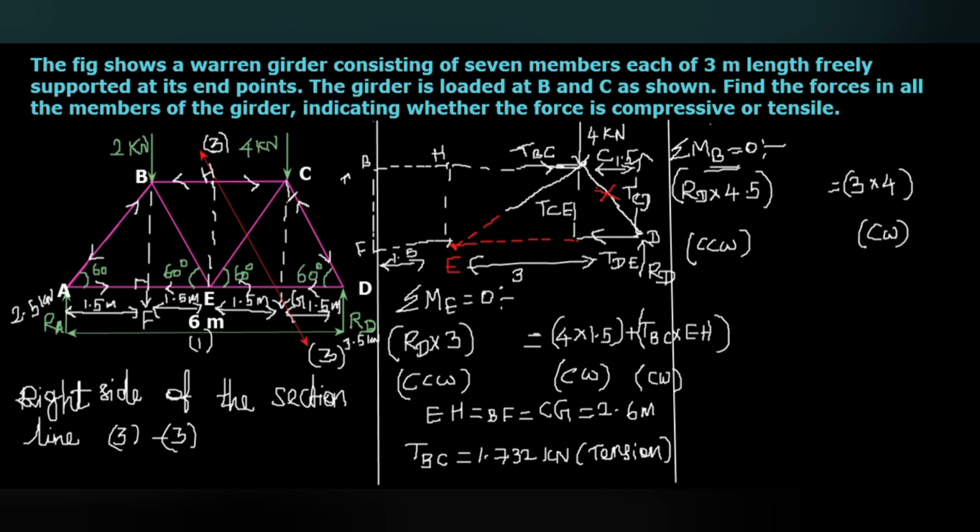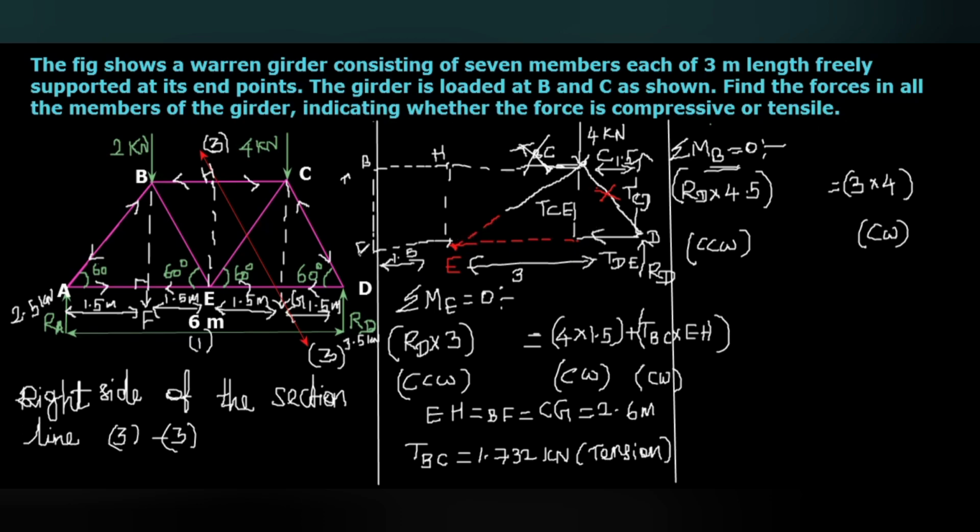Then when you take moment about B, the tension in the member BC will be eliminated. So the moment due to RD we calculated, the 4 kilonewton also we calculated. Then this TDE.